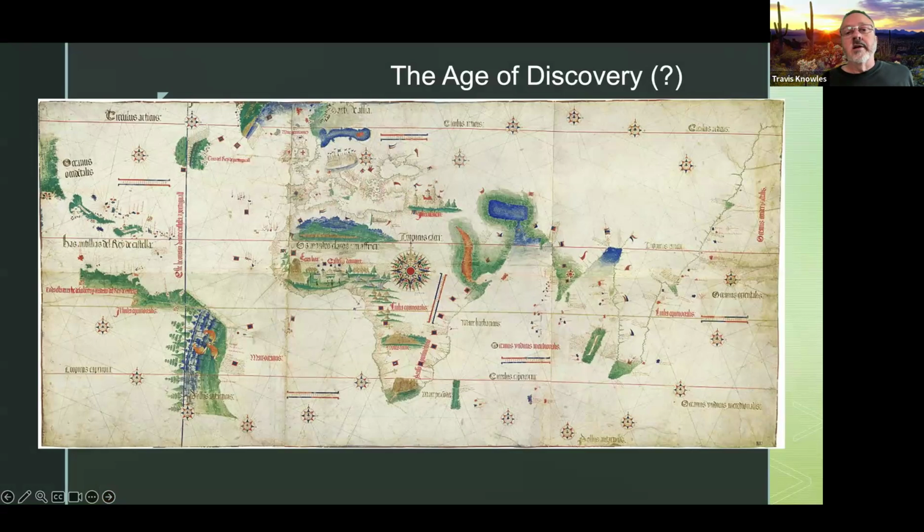Here is a map. I wonder if any of you have ever seen this map or if you've ever seen any maps like it. If you look at this, you can probably tell that this is an old map. It looks fairly crude, but there should be some things that are recognizable to you on here.